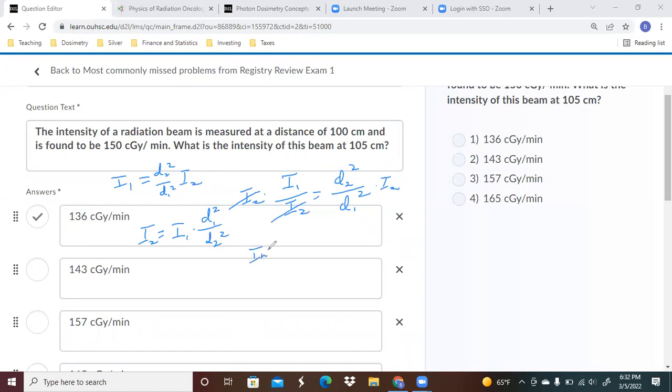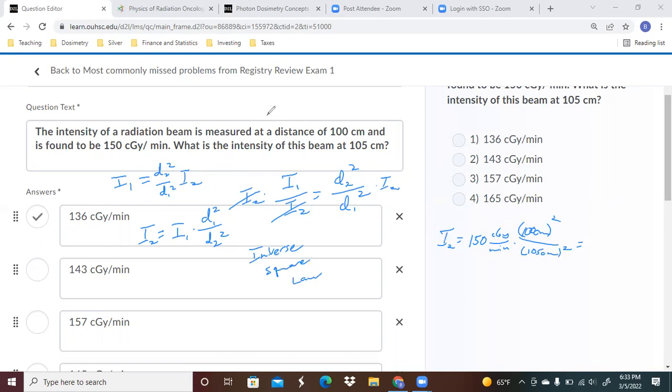This also follows the inverse square law. So in this particular case, we don't know what the intensity of 2 is, but we know the intensity of 1. It's 150 centigray per minute, multiplied by, following this formula, 100 cm squared over 105 squared.